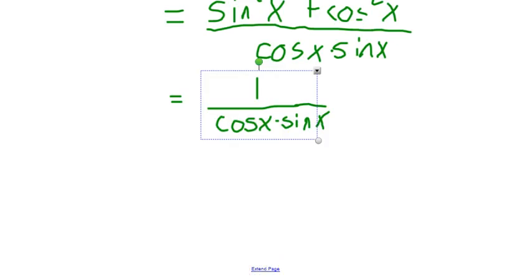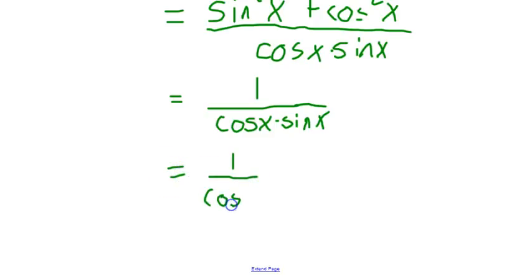If we look at what we're trying to prove on the right side of the equation, we have two trig functions. So we're going to rewrite this as 1 over cosine x times 1 over sine x. We're just going to break this up into two fractions that are being multiplied.